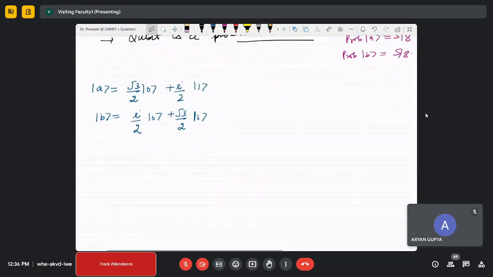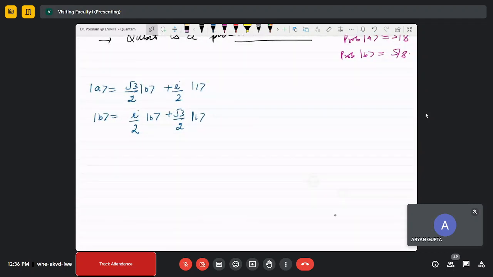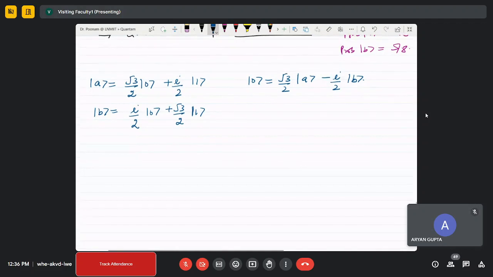Okay, now first of all represent in this 0 and 1 form. So your 0 will be root 3 by 2 a minus iota by 2 b. Okay, and your 1 will be minus iota by 2 a plus root 3 by 2 b.